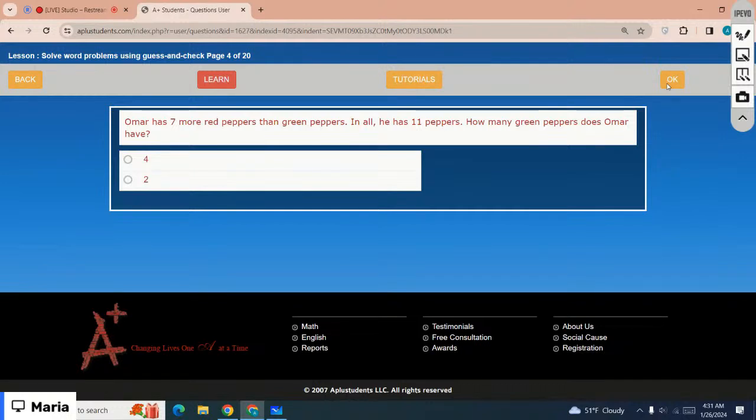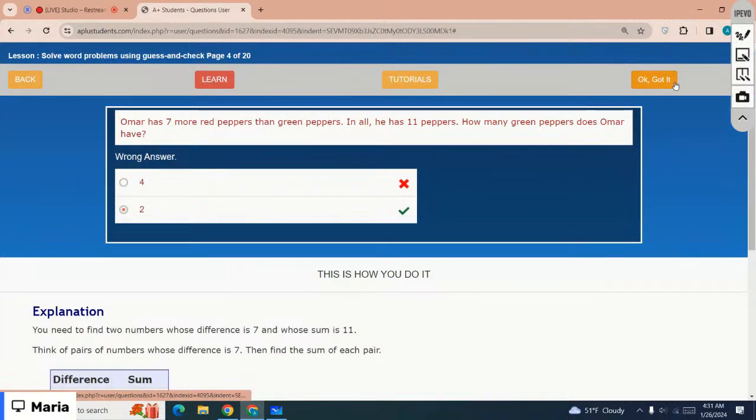Yes, the correct option is 4 because 7 plus 4 makes 11. 2.